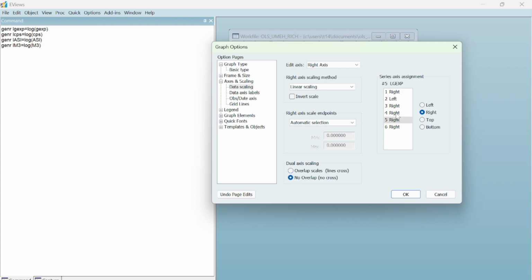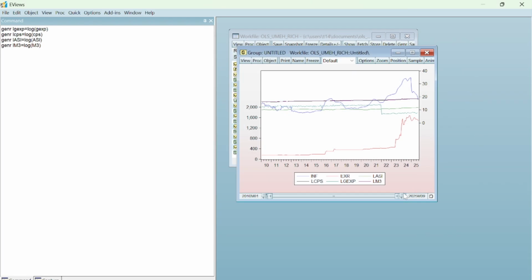Let's look at the data set. Okay, so let's see what it's going to give us. Okay, this makes sense. So now looking at it, this variable looks like log of expenditure. Okay, this one is log of ASI. These two variables, what are they? Credit to private sector, and which one is up here?